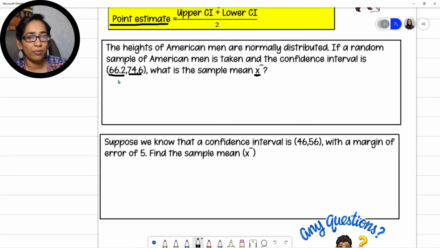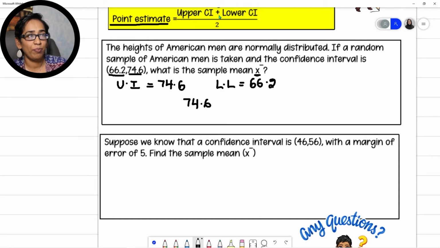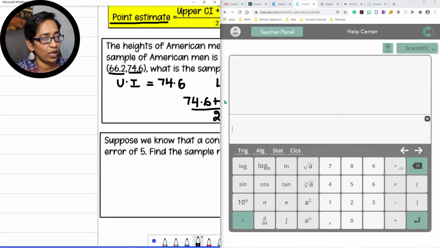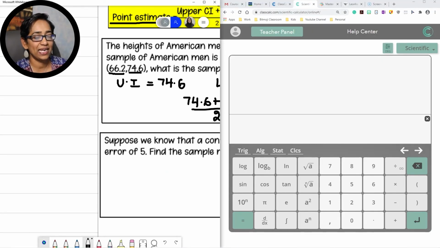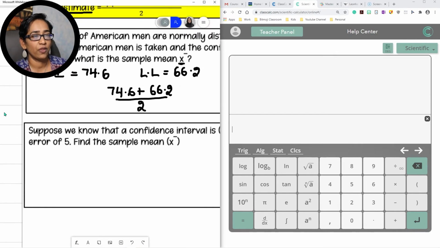So here I'm going to say my upper limit is 74.6. My lower limit is 66.2. According to the formula, it is upper limit, which is 74.6, plus the lower limit, 66.2, divided by 2. And again, I'm simply going to plug this into my handy dandy ClassCalc.